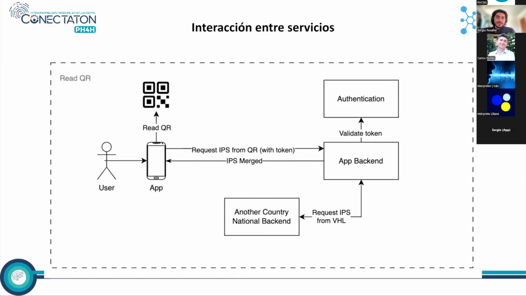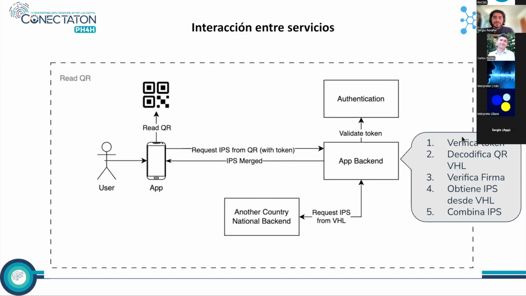And then with that, they will get the IPS information. Once it has the IPS information, it'll carry out the merge that we have been talking about. The application backend knows the content of the IPS that the user has in the application, and together with the new IPS that is coming from this service, they are merged and it's sent back.